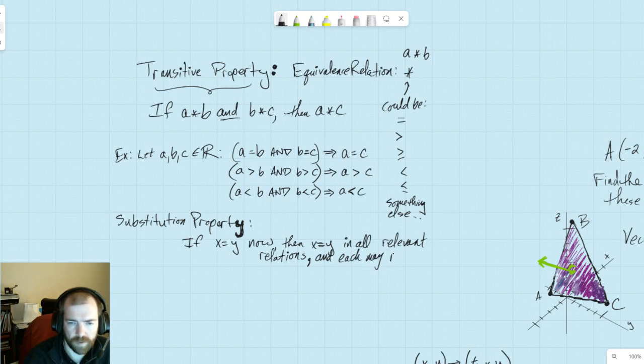And each may replace the other in those relations.